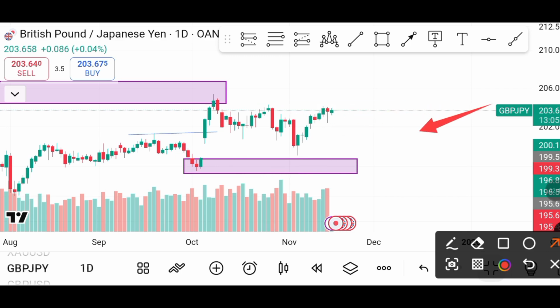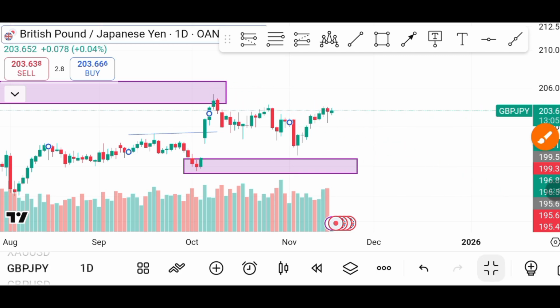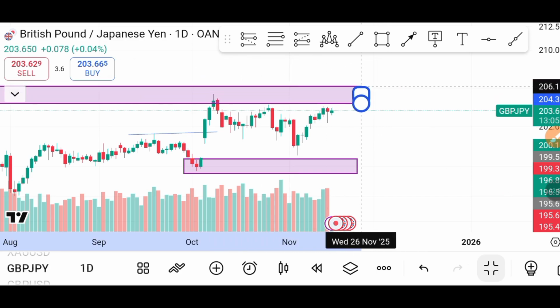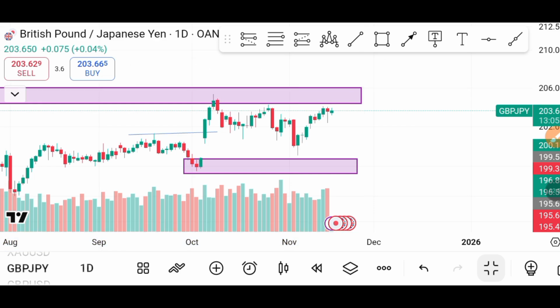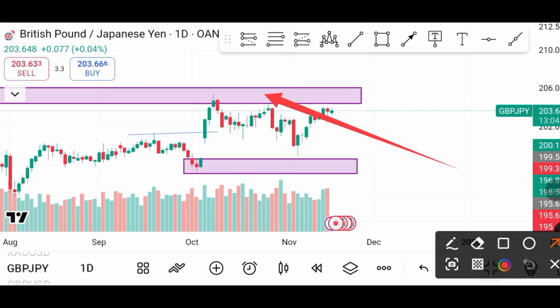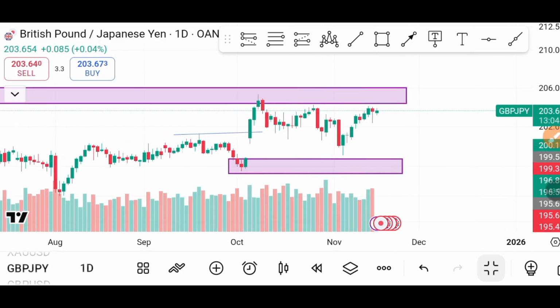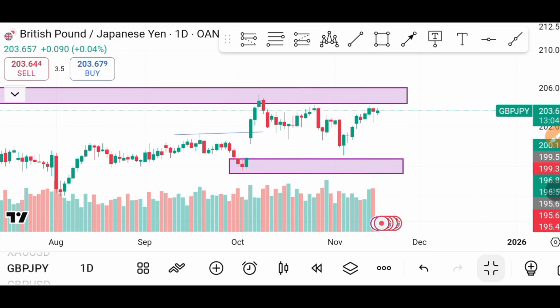And then we also see if price will respect this zone, this high. It's okay if I adjust it a bit more to this area. So we get to see if price is going to break above this high, or price is going to tap into this order block. So this is what we have on the daily time frame. A push to the upside is still bullish on the daily time frame.